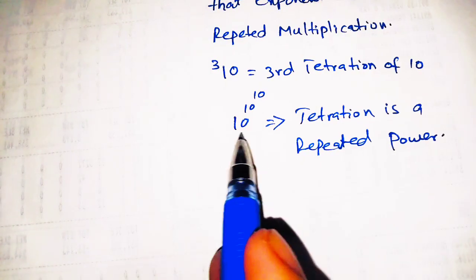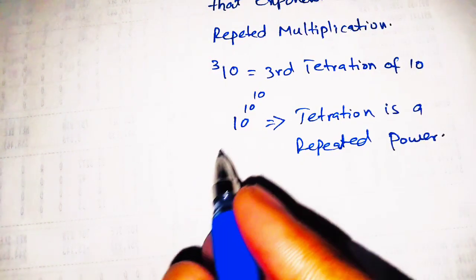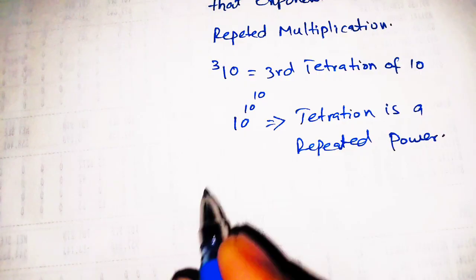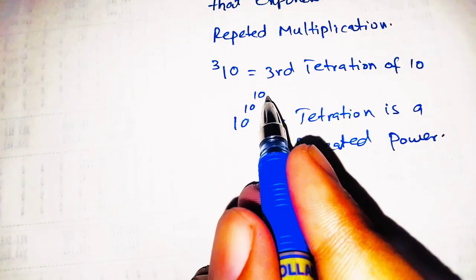Now if we try to solve this number, we can write it as 10 raised to power 10 raised to power 10.